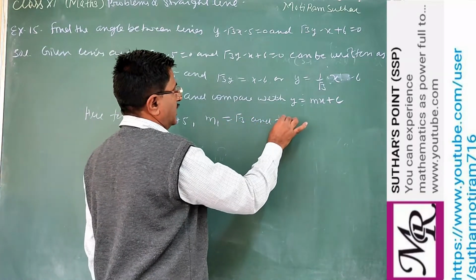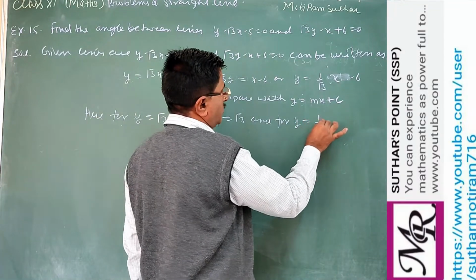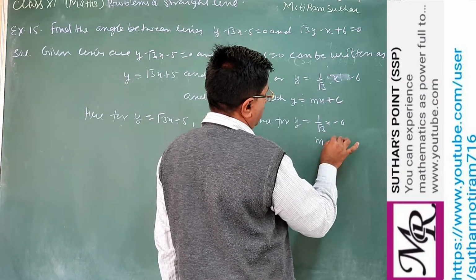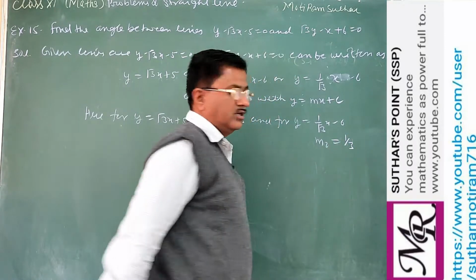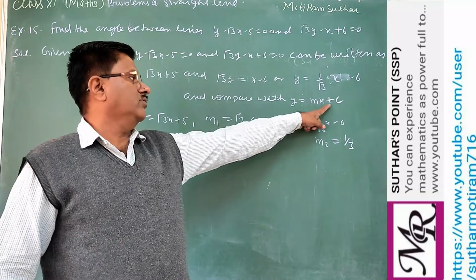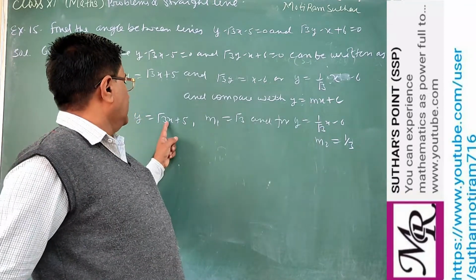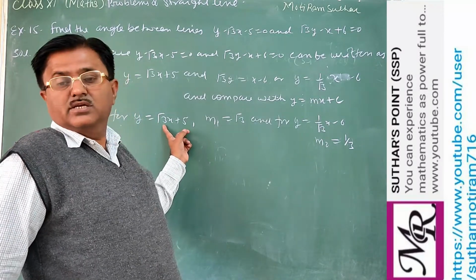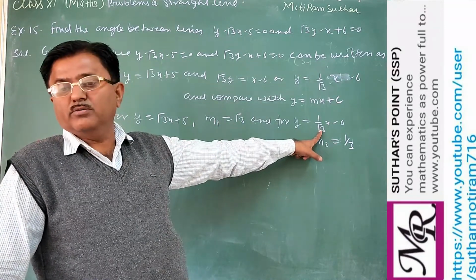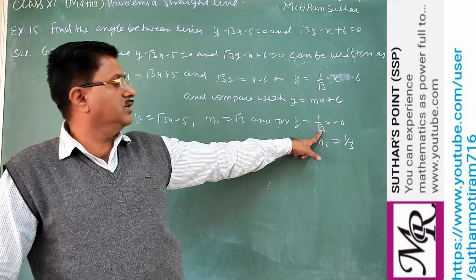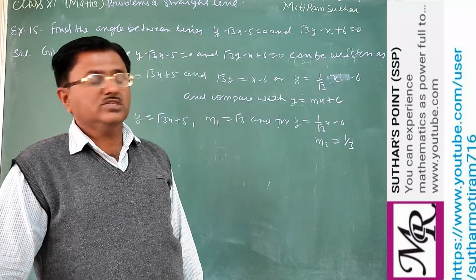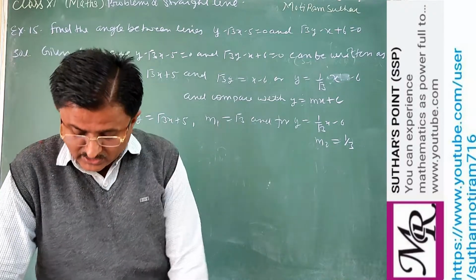And for the second line, y equal to 1 by root 3 x minus 6, m2, that is the slope, is 1 by root 3. Now both the lines we are comparing with the formula y equal to mx plus c. For the first line, the coefficient of x is root 3, which is the slope. For the second line, the coefficient of x is 1 upon root 3, so the slope will be 1 by root 3. So in this way, dear students, we can find the slope.